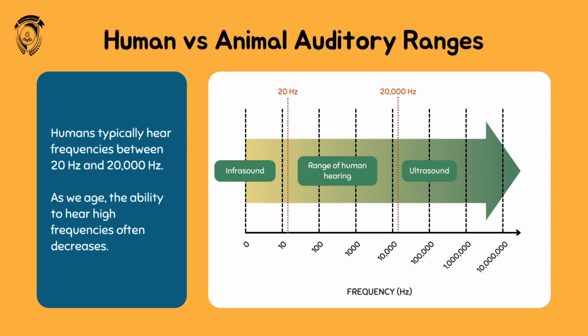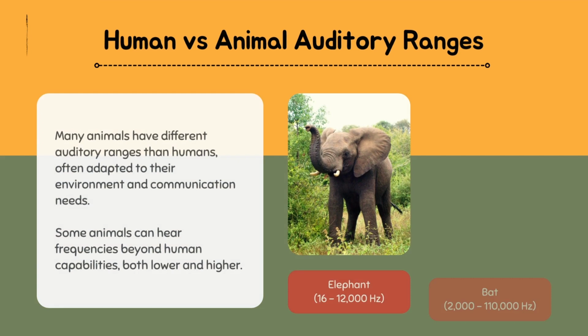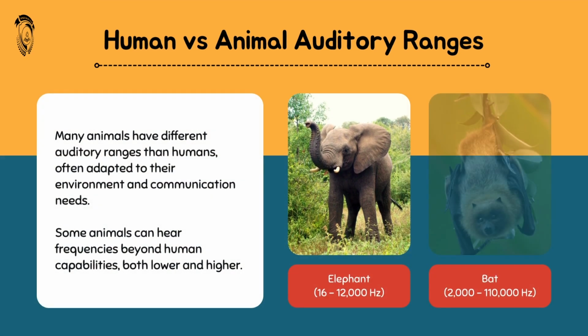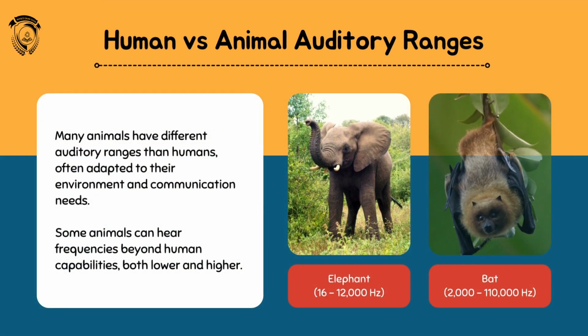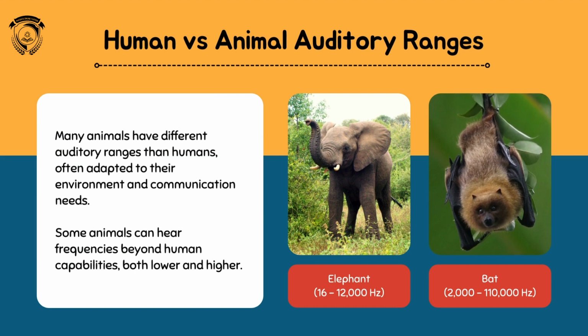As we age, the ability to hear high frequencies often decreases. Elephants can hear from 6 to 12,000 Hz, whereas bats can hear from 2,000 to 110,000 Hz. That's a big range.